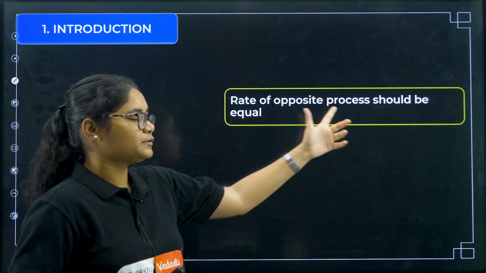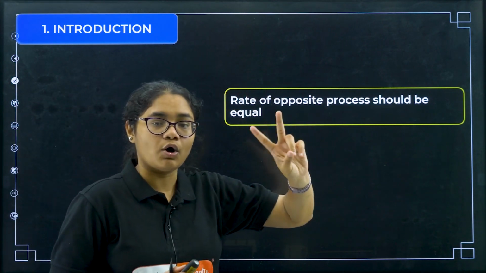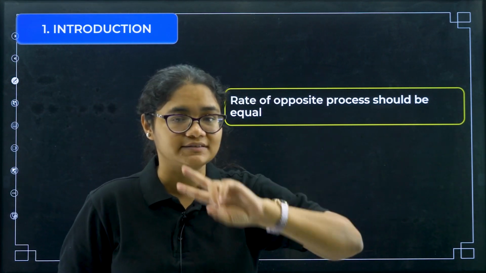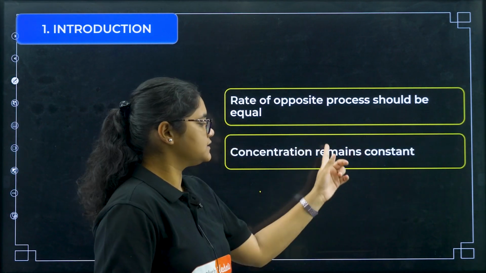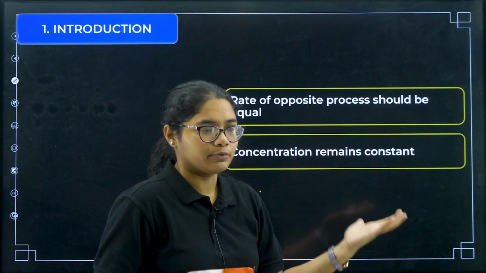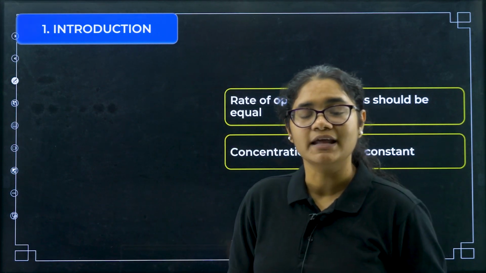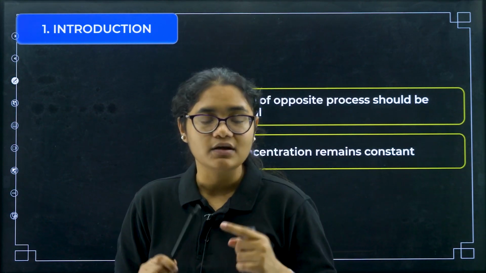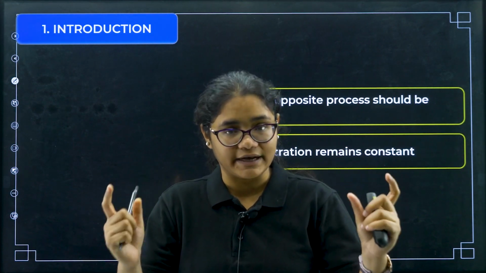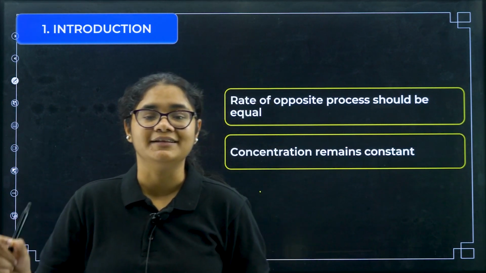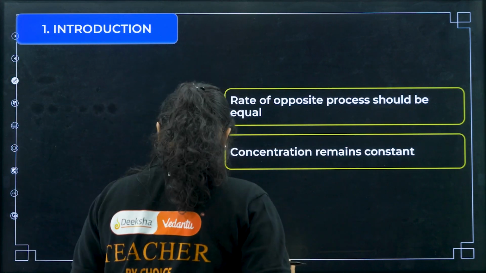Now, what is the consequence of this? Due to these two opposite processes occurring at the same rate, concentration remains constant. This is the consequence. So this is what equilibrium is. How can we define it? Equilibrium is obtained when two opposite processes occur at the same rate and the concentration remains constant. Let us see a very simple example.